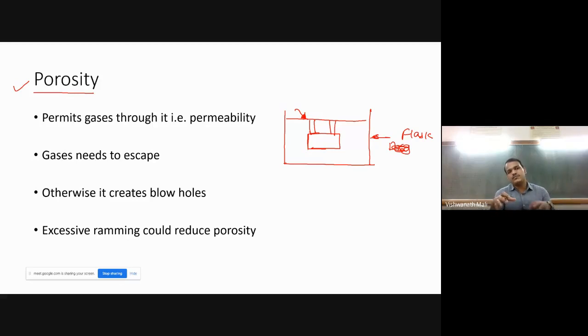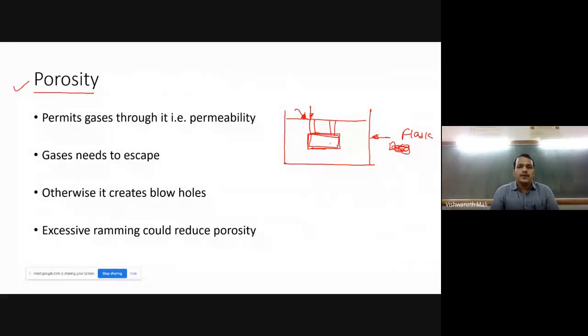In that molten metal, different gases are generated. First thing is that. Second thing is when we pour the molten metal into the cavity, along with this molten metal, some air gets inserted into this cavity.